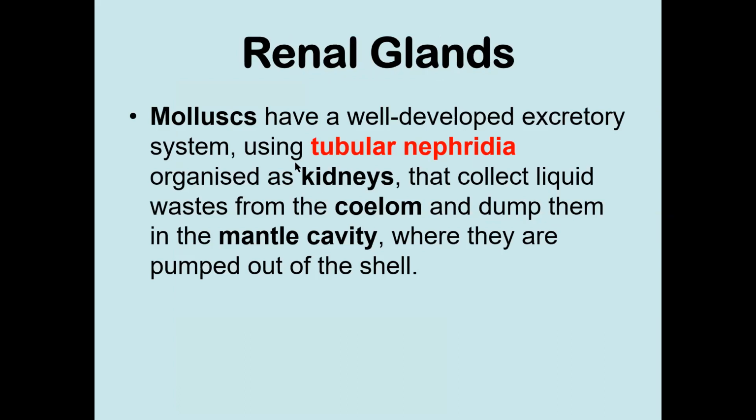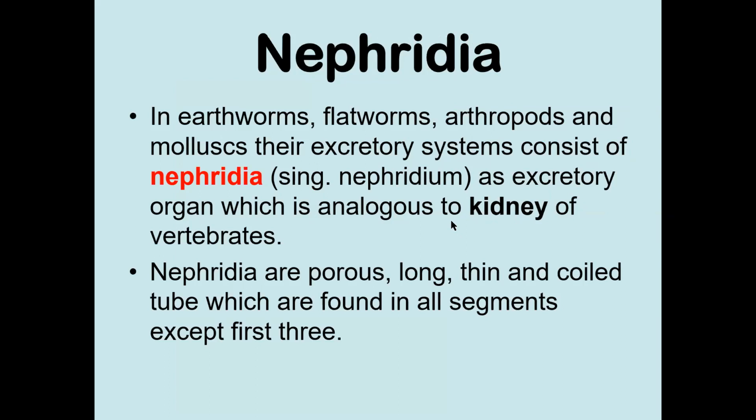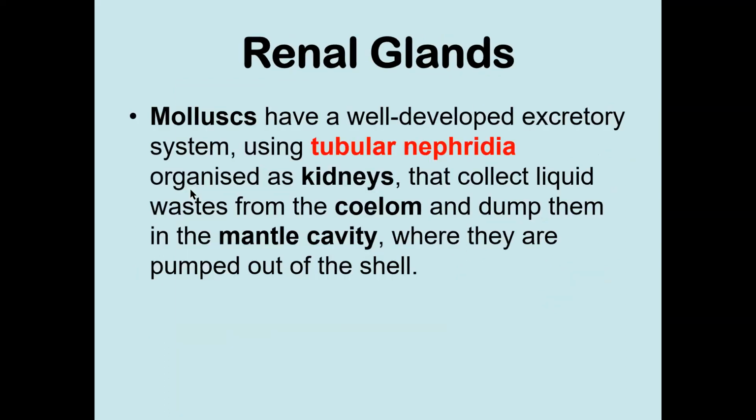Okay. Then mollusks, things like shellfish, things with shells like oysters, and they have single shells or double shells. They're much better developed. They use a thing called tubular nephridia. Now these ones are called just nephridia. These are called tubular nephridia, and these tubules are organized like our kidneys.